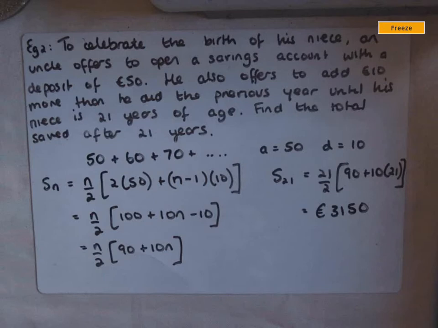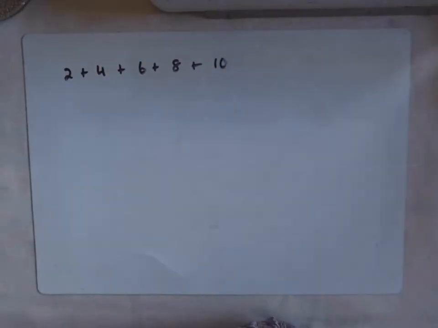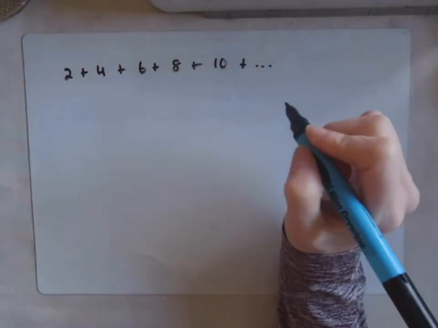Okay, can I get rid of the board? Yeah. Okay, let's just have a look at this. You don't need to take it down. 2 plus 4 plus 6 plus 8 plus 10. Okay, let's just have a look at this series. Now, if I said the sum of the first two terms, that would be 4 plus 2, which is 6.